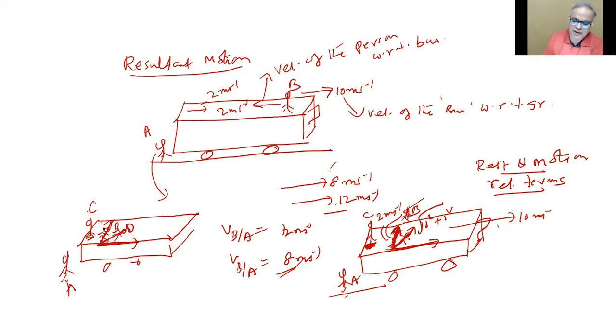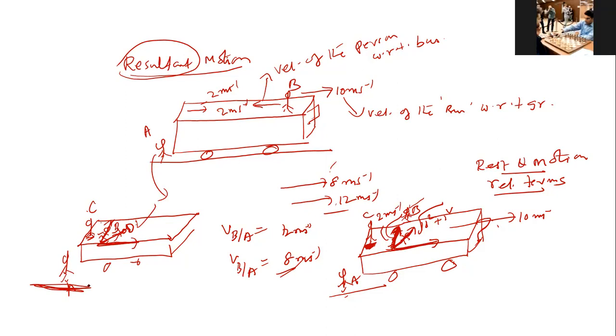So this is what I meant by making it very general. See, why the word resultant motion, we are saying that this is the resultant motion, the motion of this person as watched from ground. So this only we put in more vectorial terms. Can I continue, children? Yes, sir.